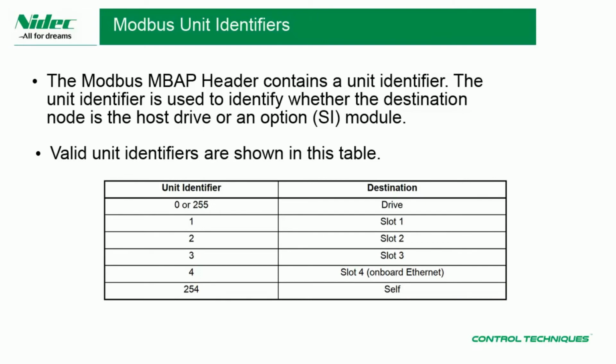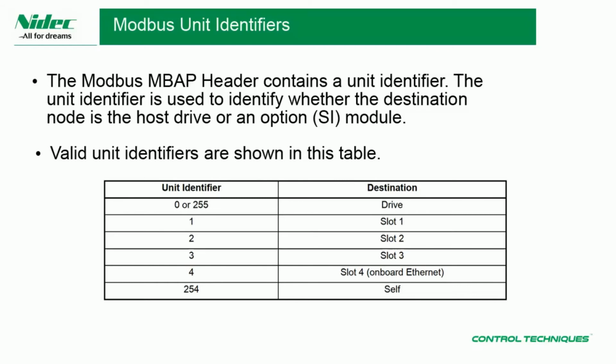The Modbus MBAP header contains a unit identifier. The unit identifier is used to identify whether the destination node is the host drive or an option module. Ordinarily, when using Modbus TCP/IP, a drive is identified by its IP address alone. However, you must ensure that your Modbus client supports the ability to include the unit identifier as part of its message.